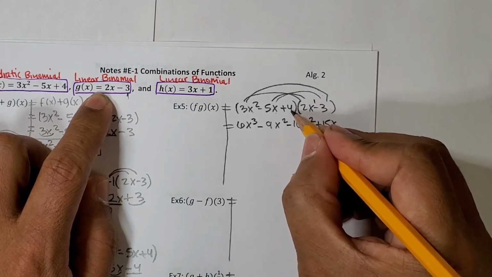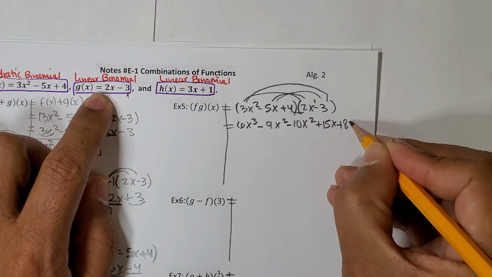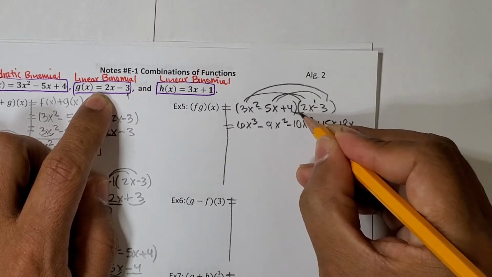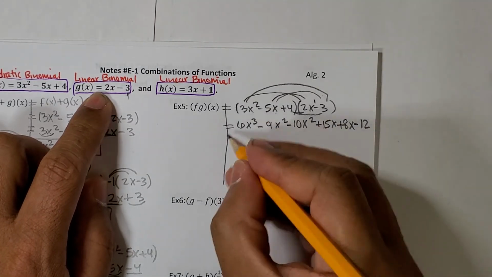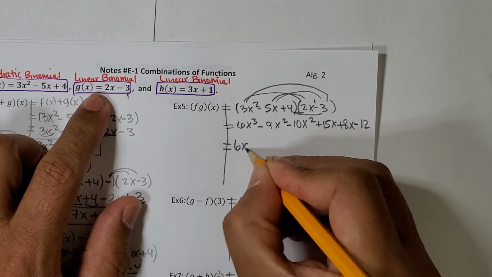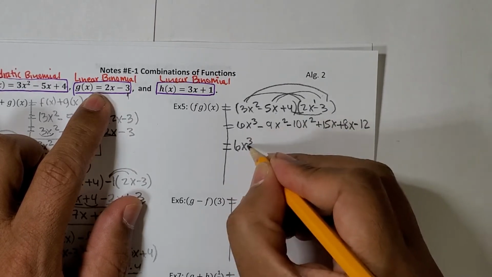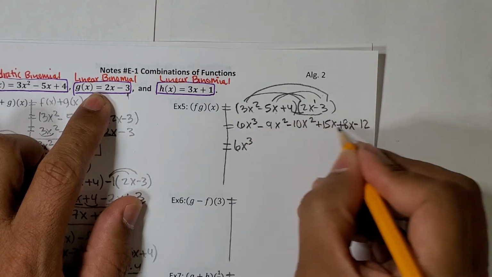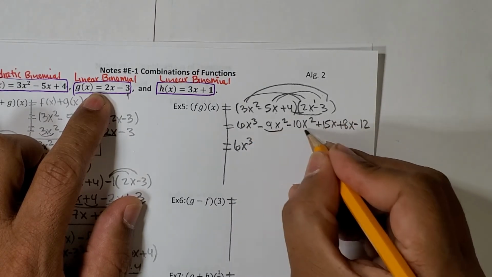Next, we have the last term here on the trinomial. 4 times 2x is going to be plus 8x. And 4 times negative 3, that's going to be negative 12. And now I'm going to combine like terms so I can simplify this. So that's coming from here, 6x cubed. I can't combine this one with anything else here. And then I'm going to combine the x to the second power.